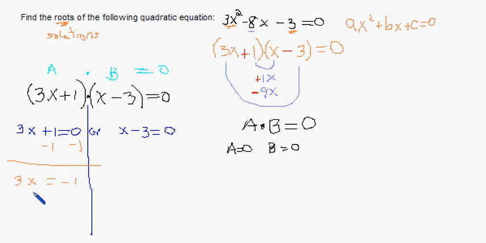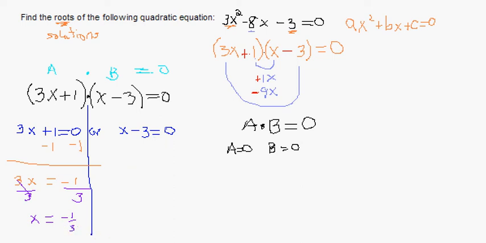Now if you want to get x by itself, remember this is the multiplication operation, so you do the opposite operation, which means we're going to divide by 3. Now 3 divided by 3 is 1, so we're left with 1x equal to negative 1/3.